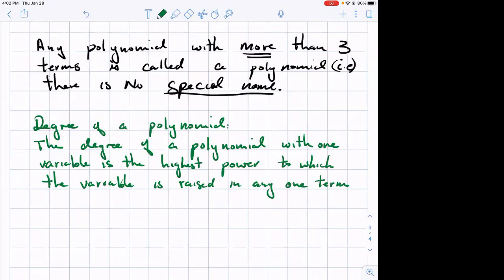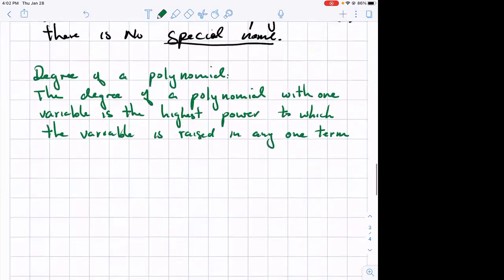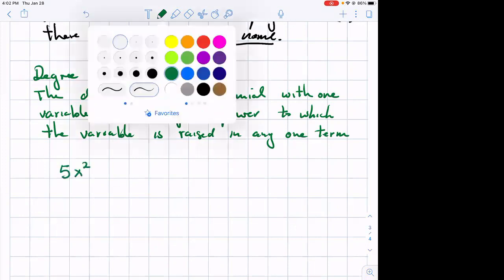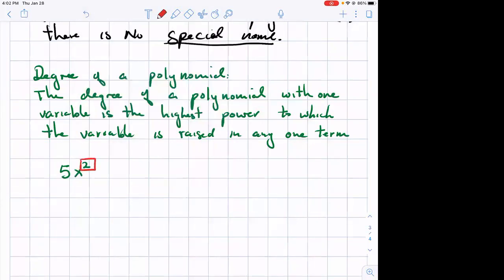So what does that really mean? The degree of a polynomial with one variable is the highest power. So for example, if we have 5x squared, this here is what we call the degree. The power is the degree. But it has to be the highest power.